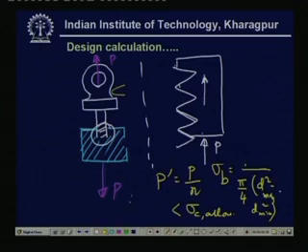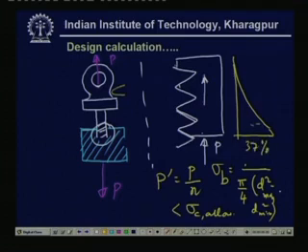A nonlinear distribution is actually observed, where the load taken by the first thread is almost 37%, and it decreases very fast, and beyond 6 or 7 threads it hardly carries any load. So the assumption that the load is uniformly distributed over the cross sections as well as over each thread is not entirely justified, and we will have to make more elaborate calculations.